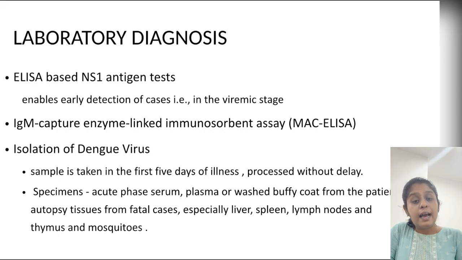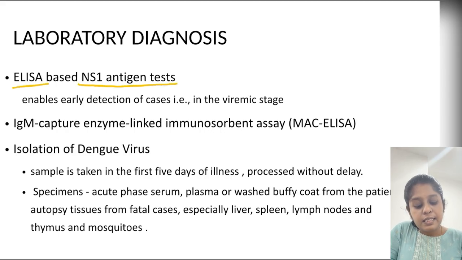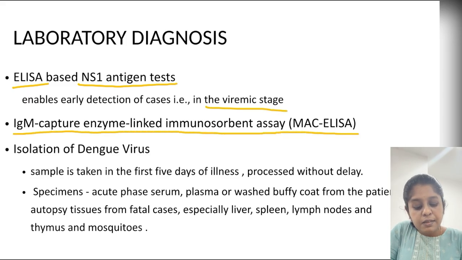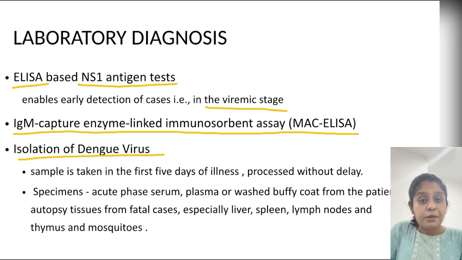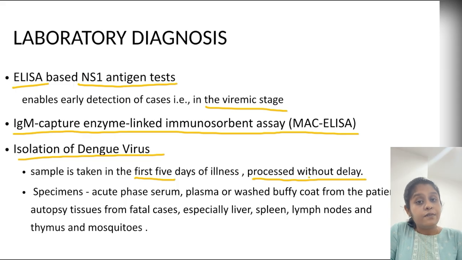So coming to the lab diagnosis, so we know ELISA-based NS1 antigen test is there. It is used in viremic stage. IgM capture enzyme-linked immunosorbent assay can be used in your critical phase. Isolation of dengue virus, why it is not seen in most of the places? Because the sample should be taken in the first 5 days of illness. Without a delay, it should be processed.